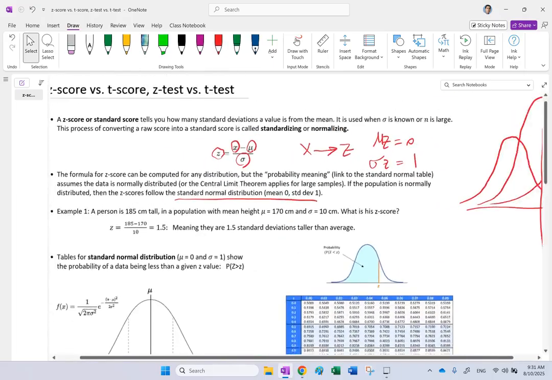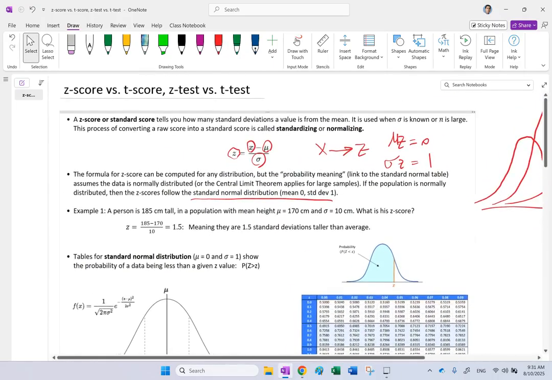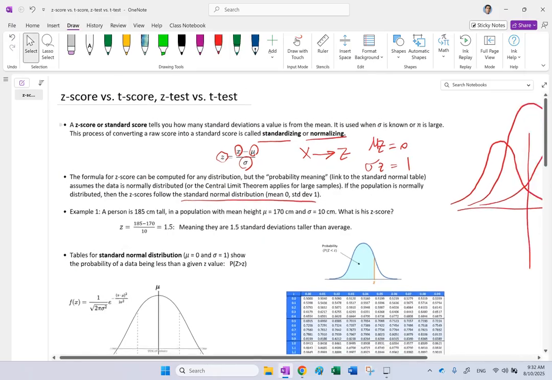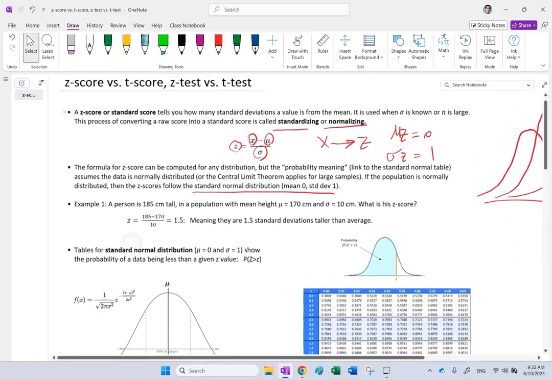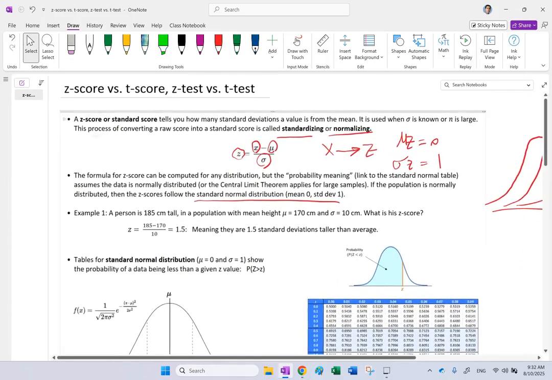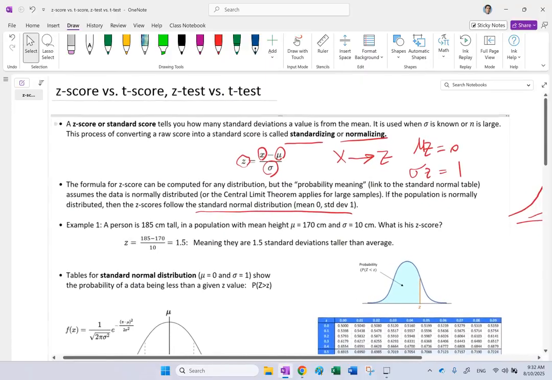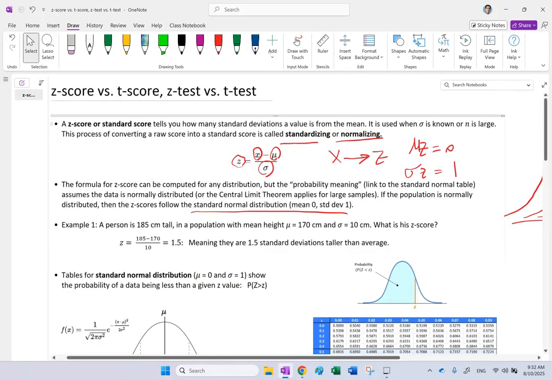So this way I can normalize or standardize your measurements or your distributions, so we can compare one against the other, okay? So this is very common. We use it a lot in engineering, in machine learning, and so on and so forth. So that's why we want to talk about it.